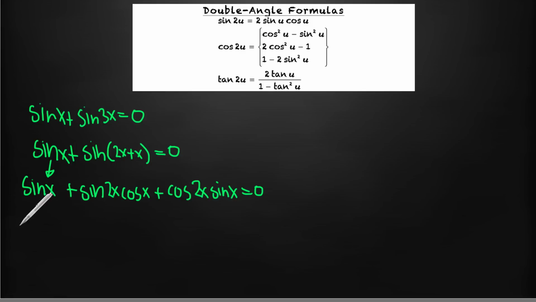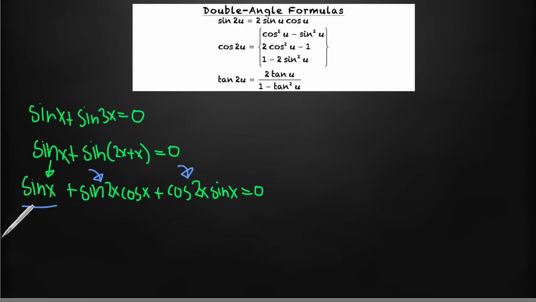All right, so here is the key to this whole problem. Because we cannot change this sine of x into anything other than sine of x, what we need to do is manipulate these double angle formulas so that they only have sines in them and not cosines. So essentially we want to get a problem that has all sines in it and not cosines.